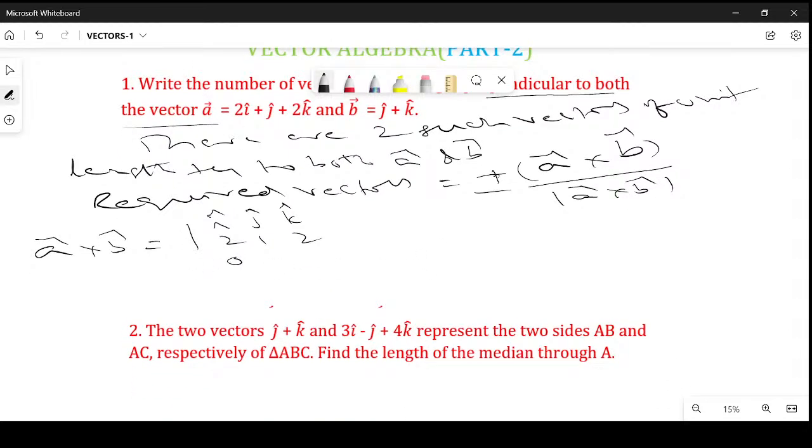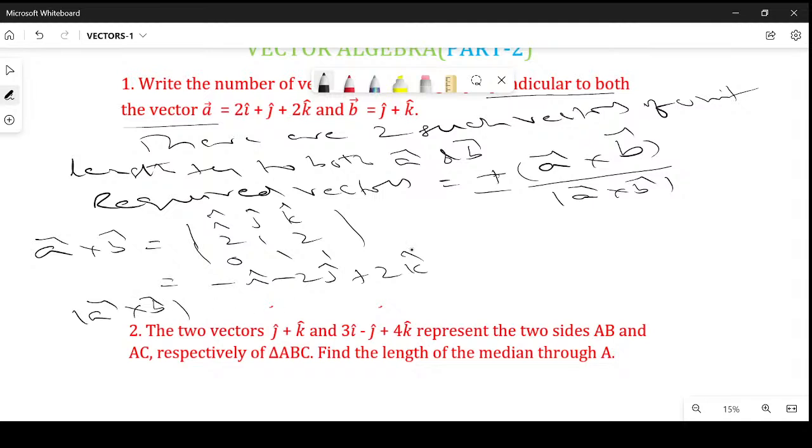You find this vector a bar cross b bar, you will get minus i cap minus 2j cap plus 2k cap. You find the magnitude of this, mod a bar cross b bar.